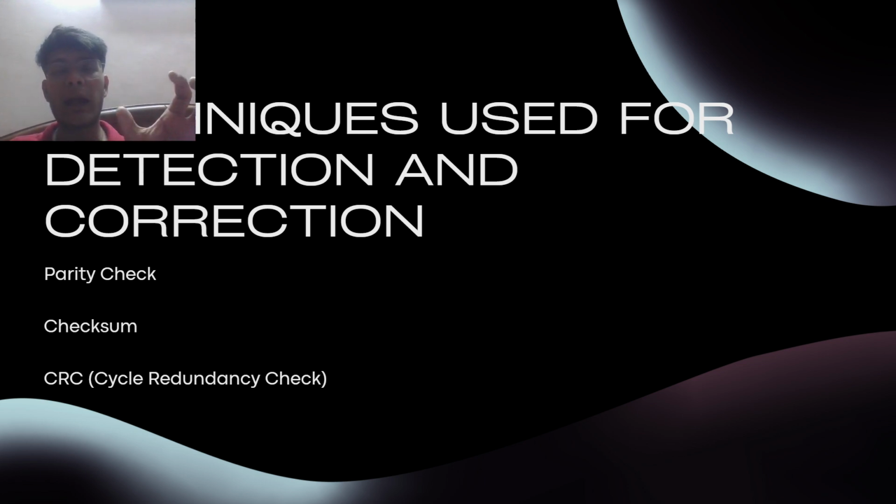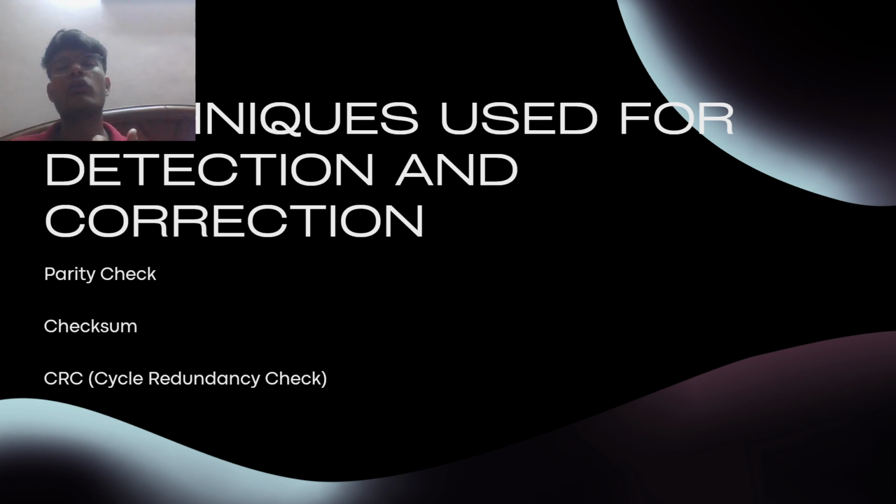When the data is sent, these bits convert into D dash and EDC dash, which I'll talk about later. In the D bits we have all the data that we want to send, and in the EDC bits we have an extra parity.